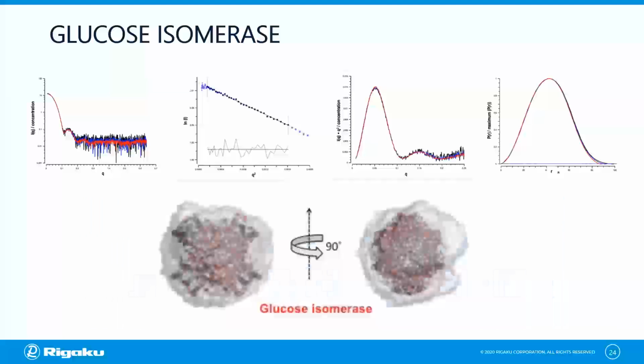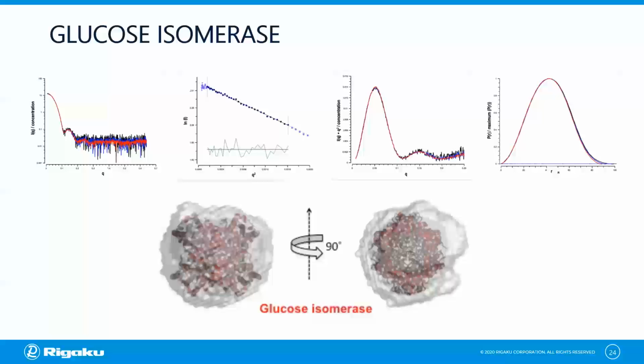And once we do that, we can start to calculate some models for what it looks like. So the red on the bottom is the actual structure of glucose isomerase from the Protein Data Bank, overlaid with some calculations of what the expected shape would be based upon the P of R function that we see.